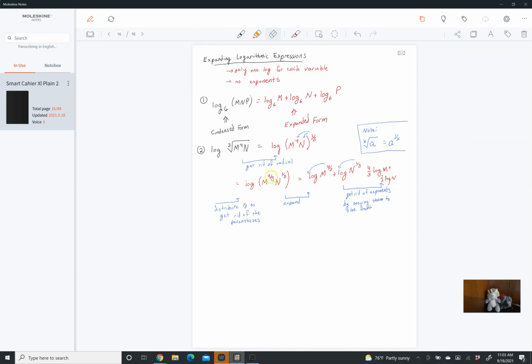Okay. One thing to notice, there is no base here. Keep in mind, that means that it's base 10.